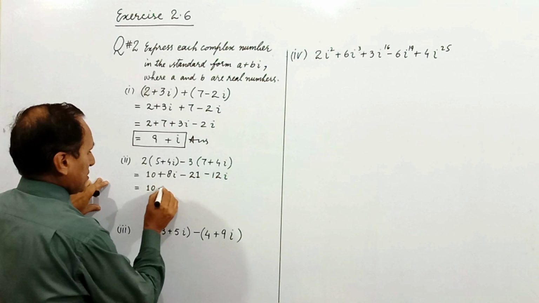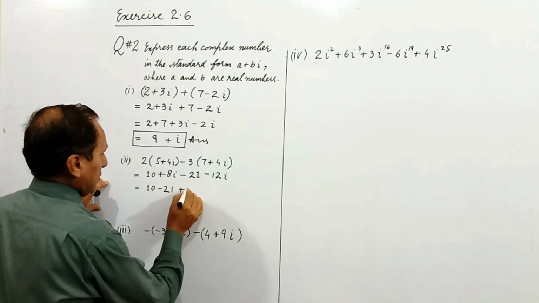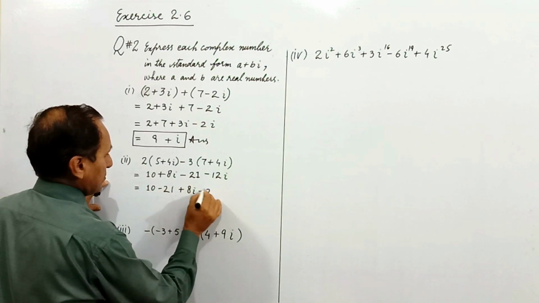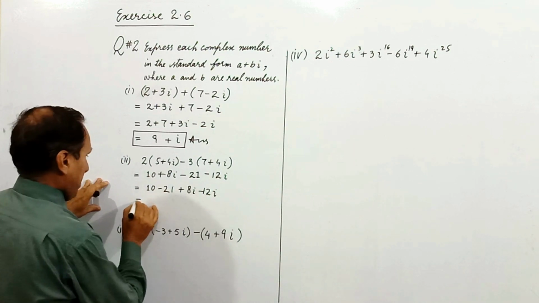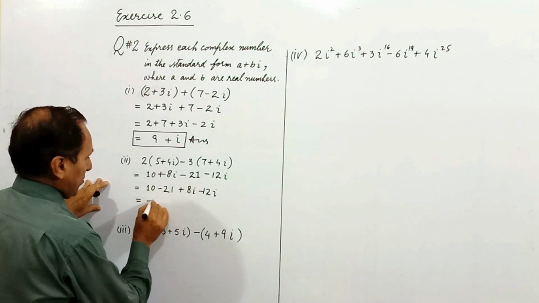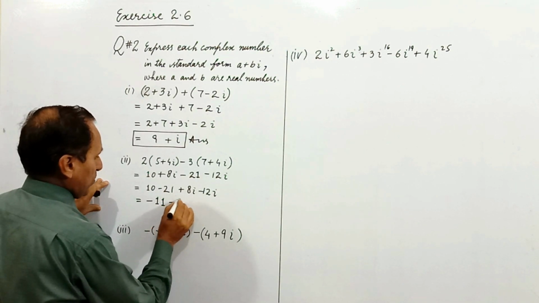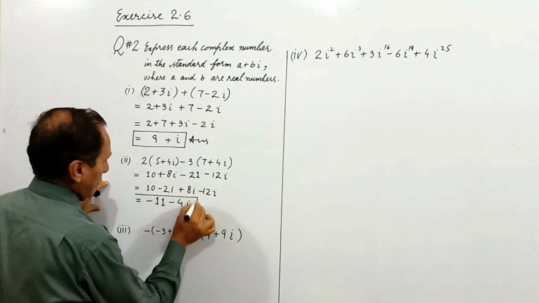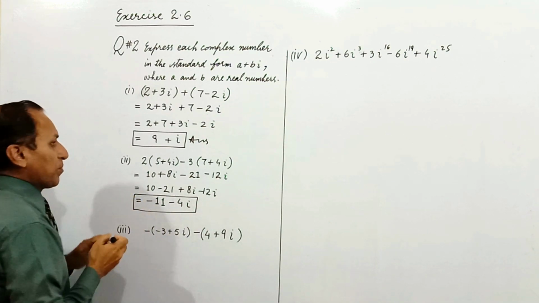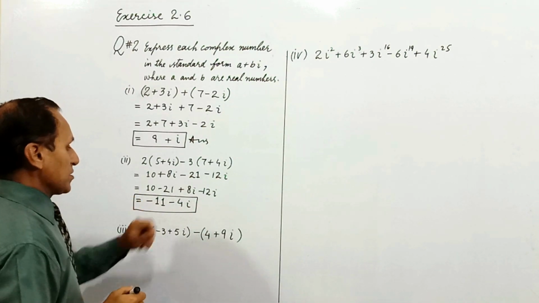Real parts are written together, as well as imaginary parts. 10 minus 21 is equal to minus 11. 8 minus 12 is equal to minus 4 iota. And this is the simplified answer in the form a plus b iota.